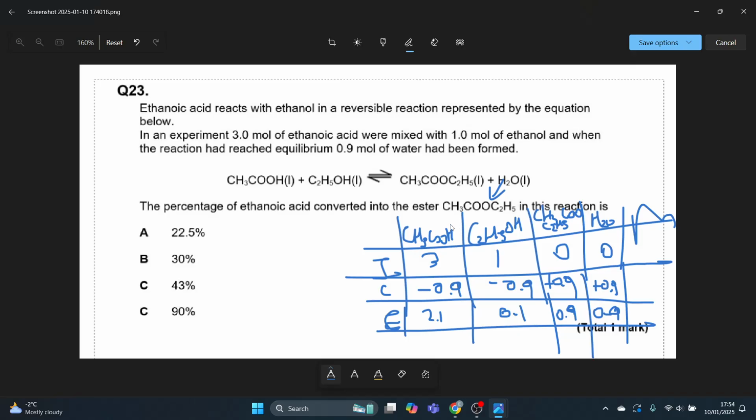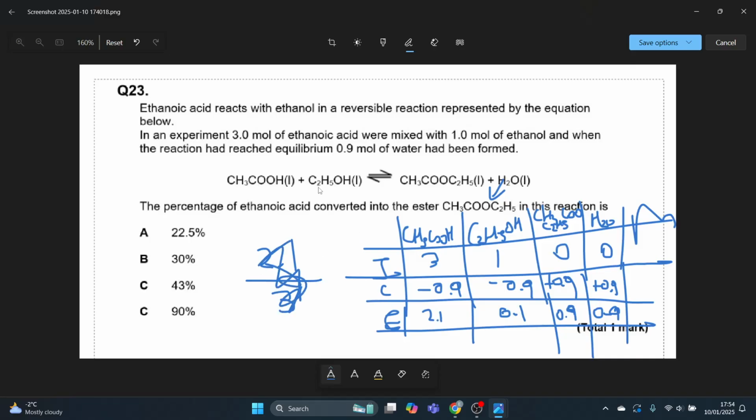So what I think it wants me to do is the equilibrium moles of ethanoic acid divided by the initial moles of ethanoic acid. So 2.1 divided by 3 times 100. 70%. So it clearly does not want me to do that.